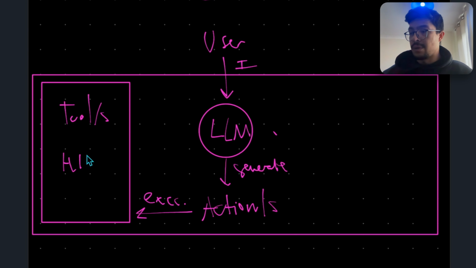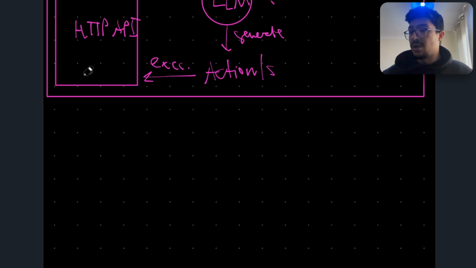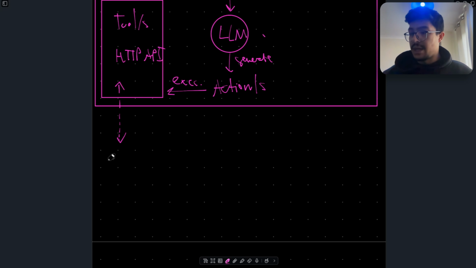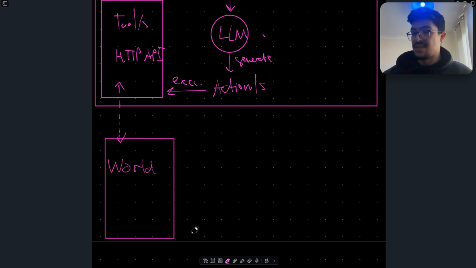And this could be perhaps an HTTP API request that we are going to make onto the outer world, outside of this agent system. And we can perhaps call it world. And this could comprise pretty much anything that you can access via an API, which can be just an API server, right?